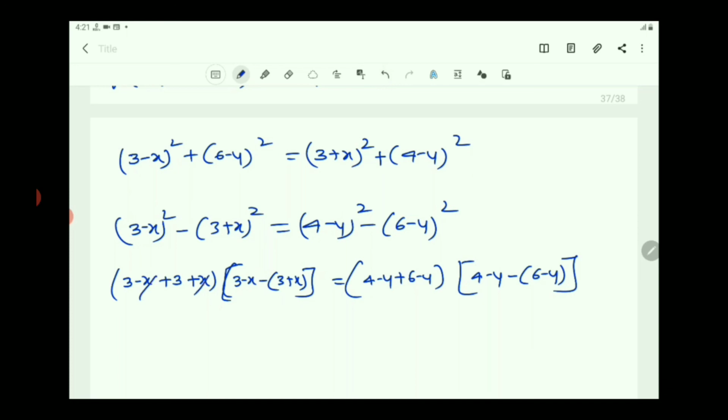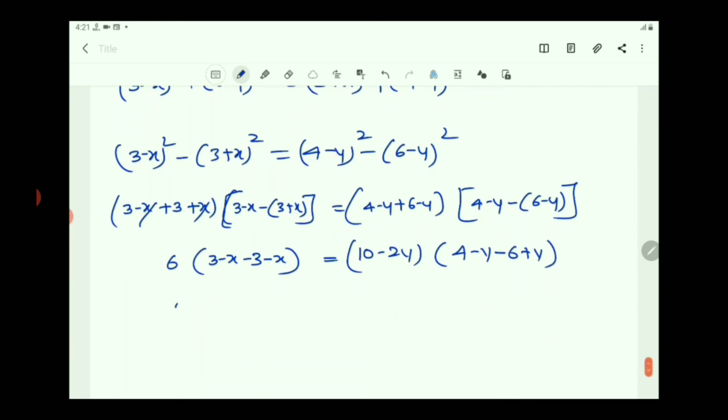Then minus x plus x cancel, 3 plus 3, 6, and open the bracket, 3 minus x minus 3 minus x. Here 4 plus 6, 10, 10 minus 2y you will get, and here you open the bracket, 4 minus y minus 6 plus y. Then 3 minus 3 cancels, minus 2x you will get.